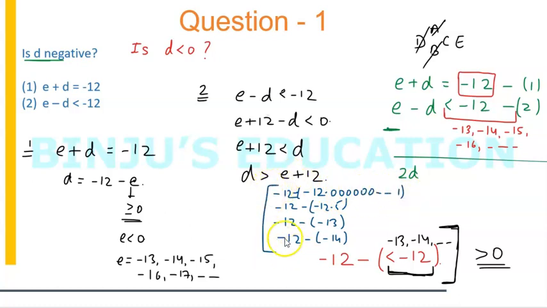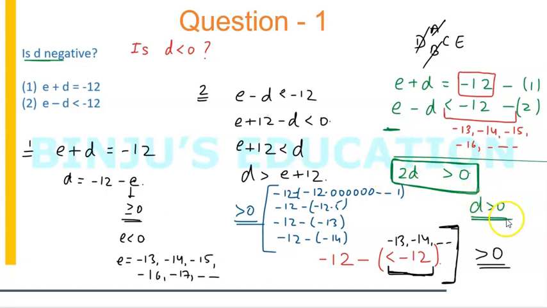All of them will give you a value greater than 0, because all the numbers written within the bracket have a magnitude greater than 12, which means 2D will always be greater than 0, which means D will always be greater than 0, and hence your answer is option number C.